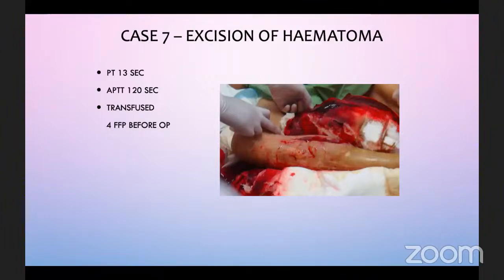All right. So another case, excision of a hematoma, where the patient presented with abnormal coagulation profile as well, and a bleeder, PT of 13 seconds, APTT of 120 seconds. He was transfused 4 units of FFP before op without investigation, and then eventually bled significantly.